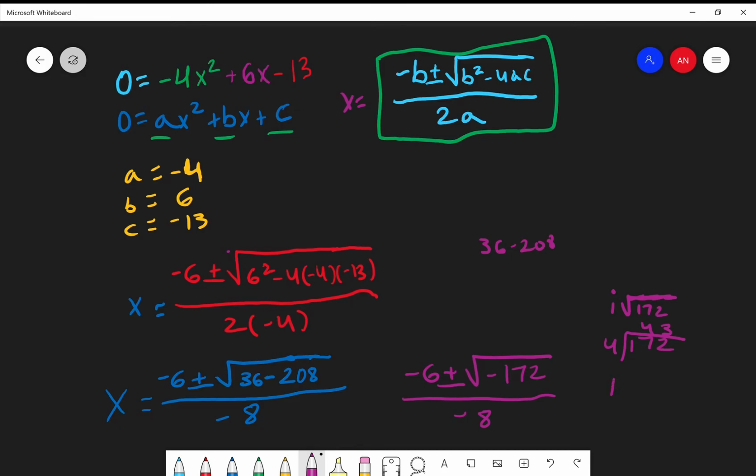So i times root 4 times root 43 is the original value. Root 4 is just 2, so we get 2i root 43. And 43 is a prime number, so we can't go farther from there. 2i root 43.